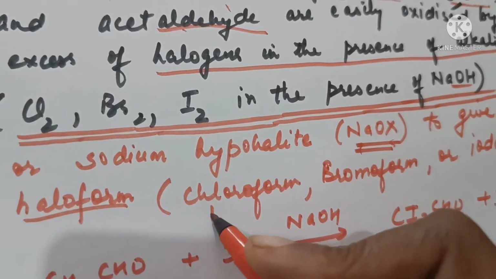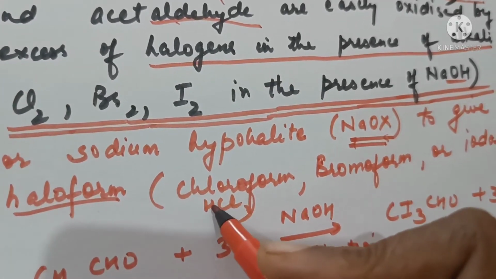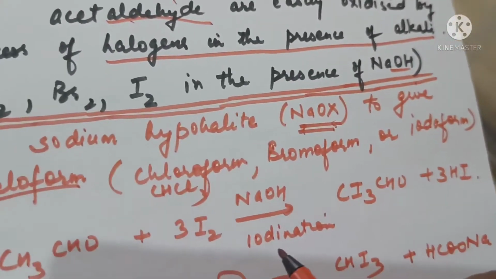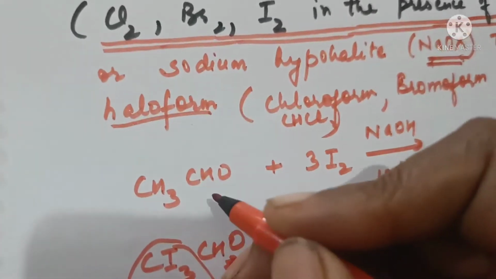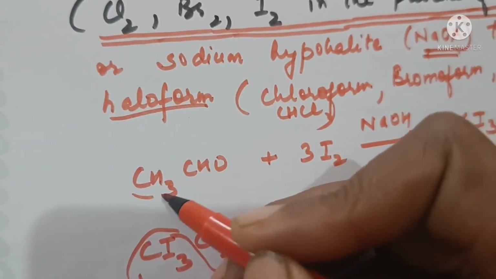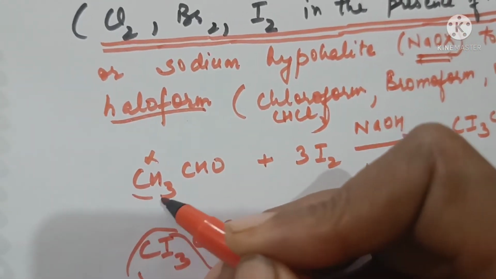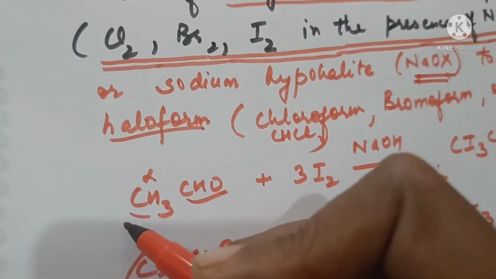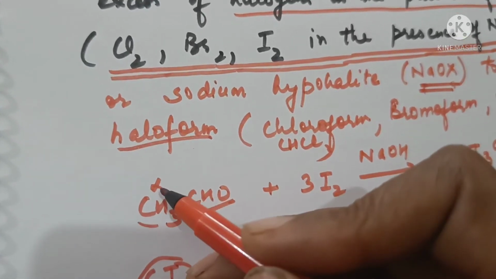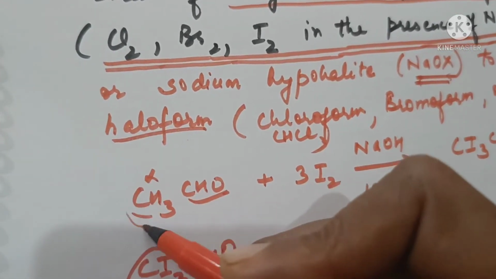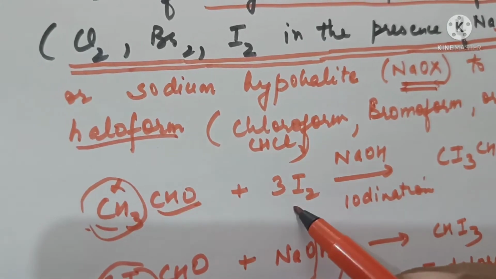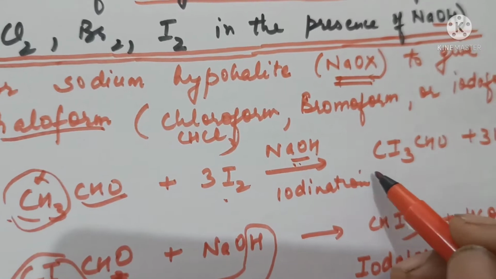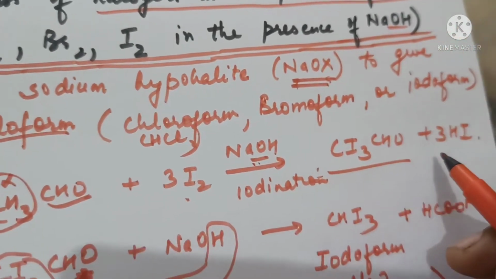The haloform can be chloroform CHCl3 or bromoform CHBr3 or iodoform. For example, this aldehyde contains an alpha methyl group. The carbon with the functional group, the carbon next to it is the alpha carbon, and if the alpha position carbon is a methyl group, then it will react with iodine in the presence of alkali to first get converted to triiodoacetaldehyde.